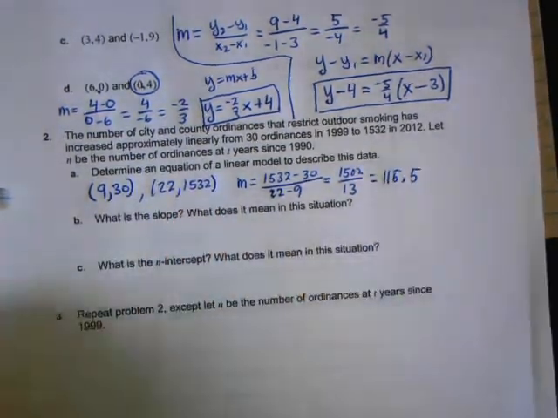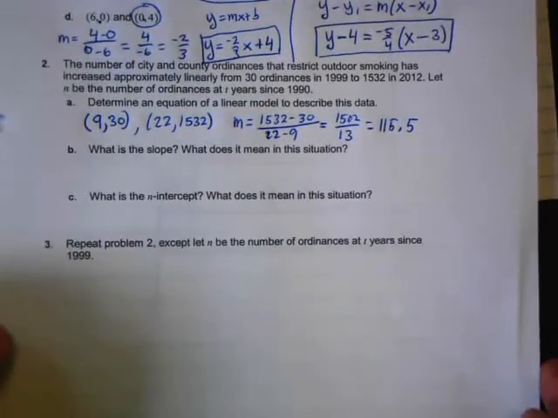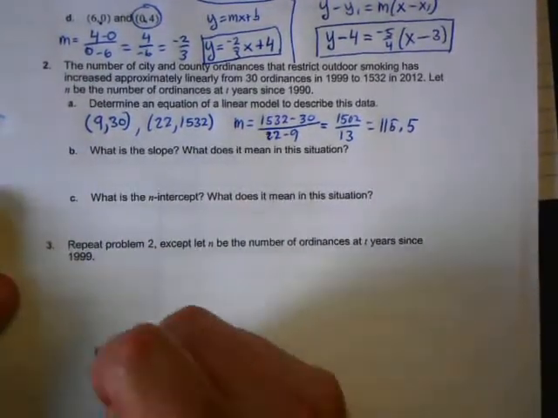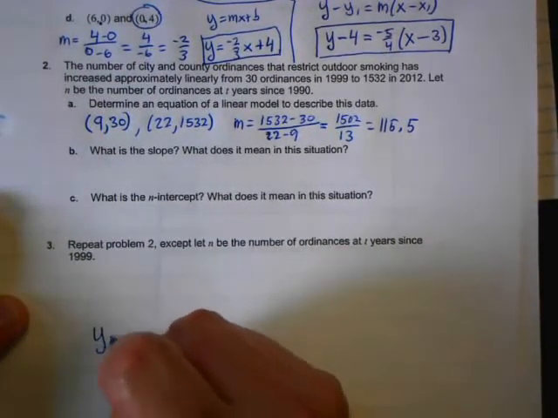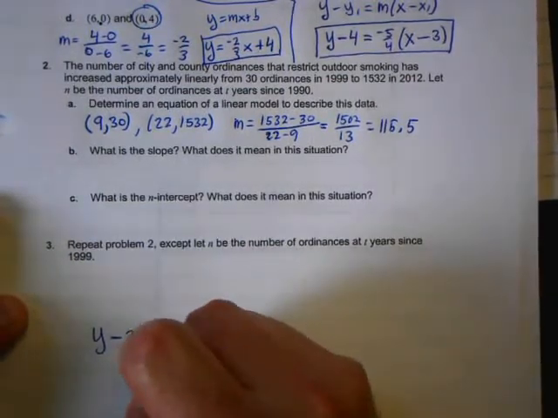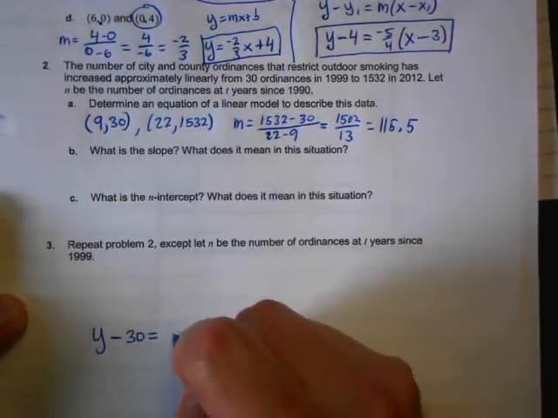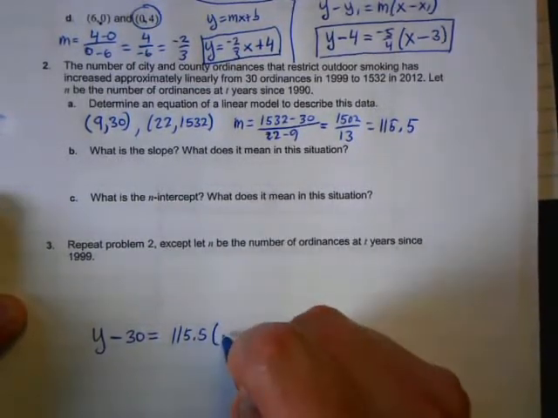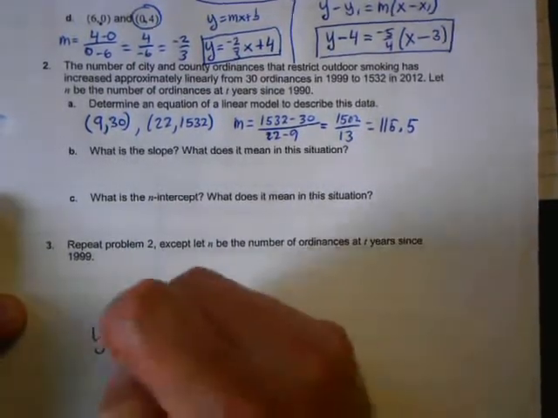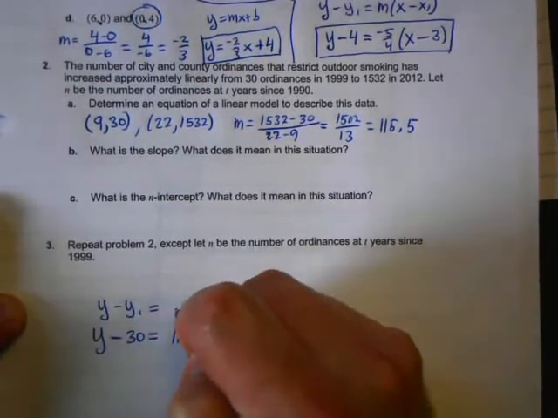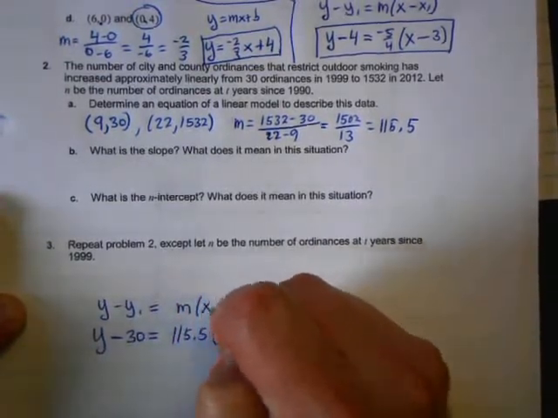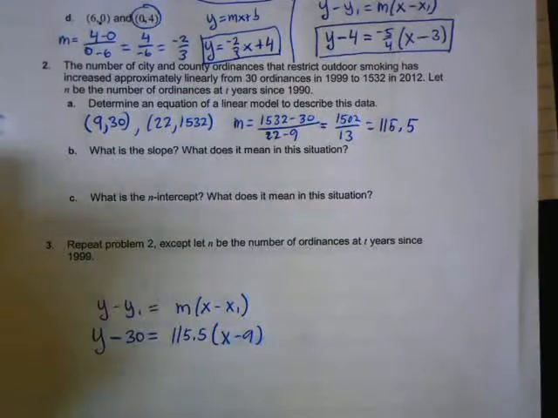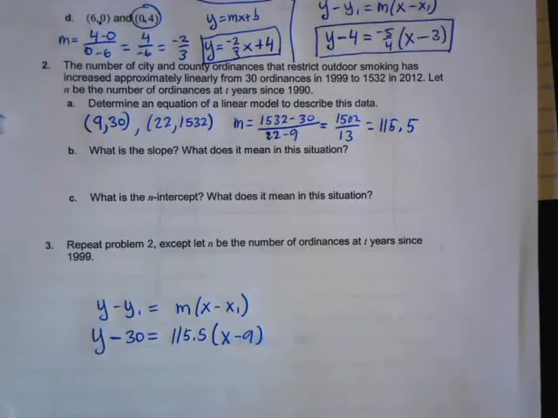That's my choice. So let's see, didn't really leave enough room here. So I'm going to go down here and write it. So I would use y minus 30 equals 115.5 times x minus 9. So I used y minus y1 equals m times x minus x1.